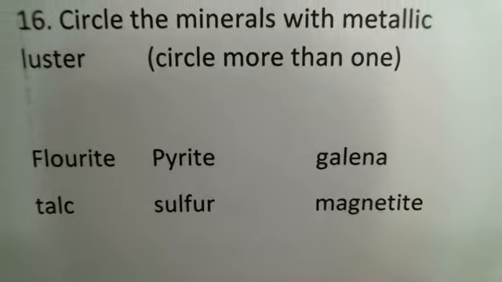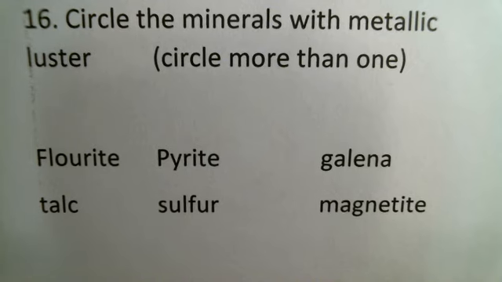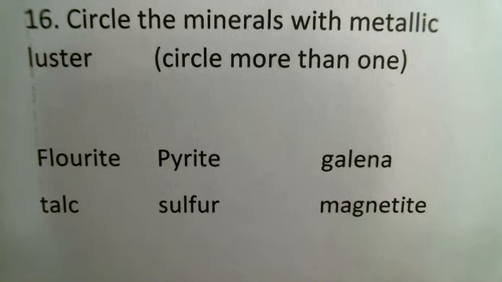Number 16, circle the minerals with metallic luster. You're going to have 6 samples available to you. Please look at them, see which ones have metallic luster, which means that they either look like a solid chunk of shiny metal, or they have tiny little specks of shiny metal in them, specks of silver or specks of gold.